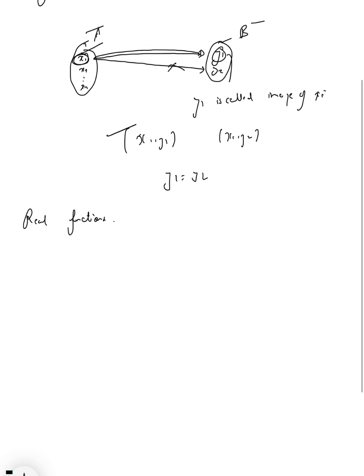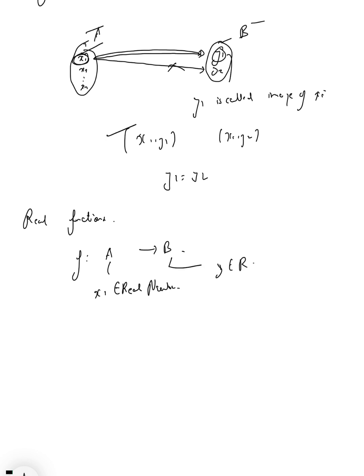So what do you mean by real functions? Real functions are like this: if you know the function maps an element from set A to set B, and the elements of A, x1, belong to R, meaning real numbers, and the elements of B, that is y, also belong to R, the set of real numbers, then we say that f is a real function.